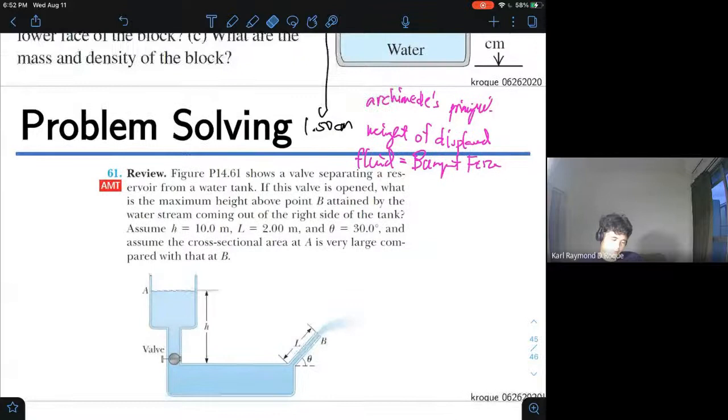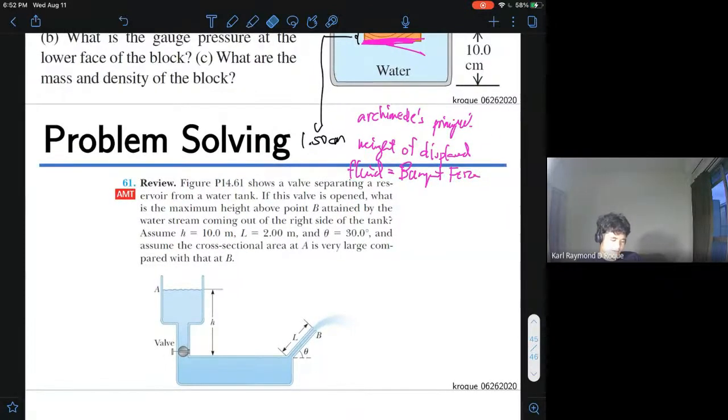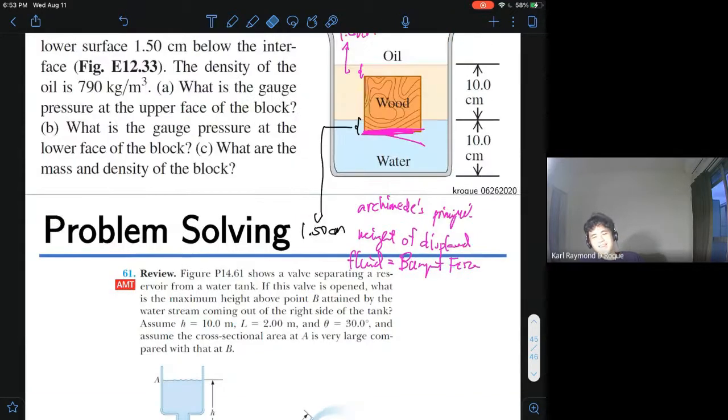Ang hirap to ah. Sige, kaya. Okay, sige, sige.